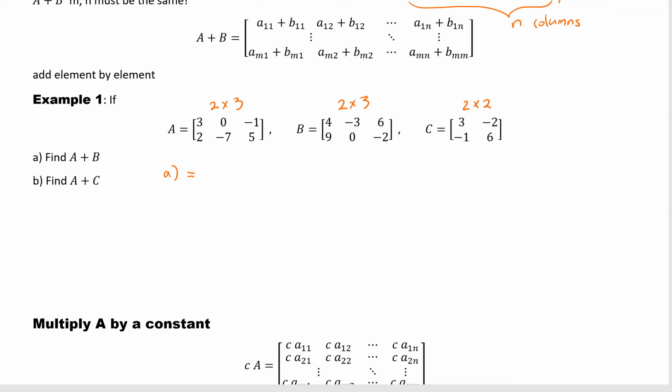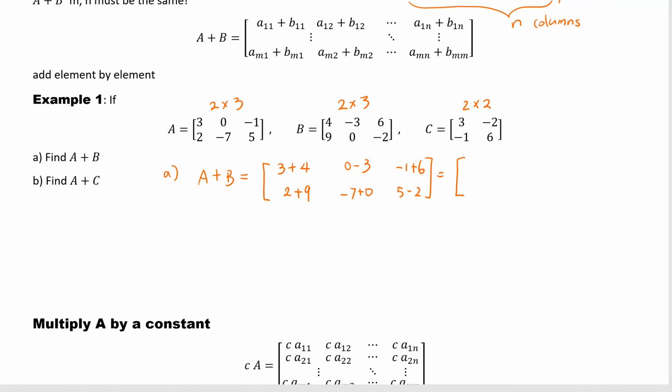A plus B is, first of all, do they have the same size? Yes, they are both 2 by 3, so we can add them. We add the corresponding entries together, right? So 0 minus 3, minus 1 plus 6, 2 plus 9, minus 7 plus 0, 5 minus 2.